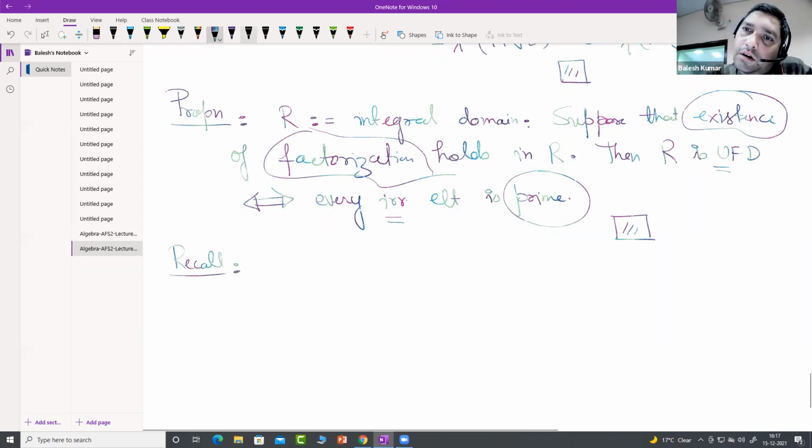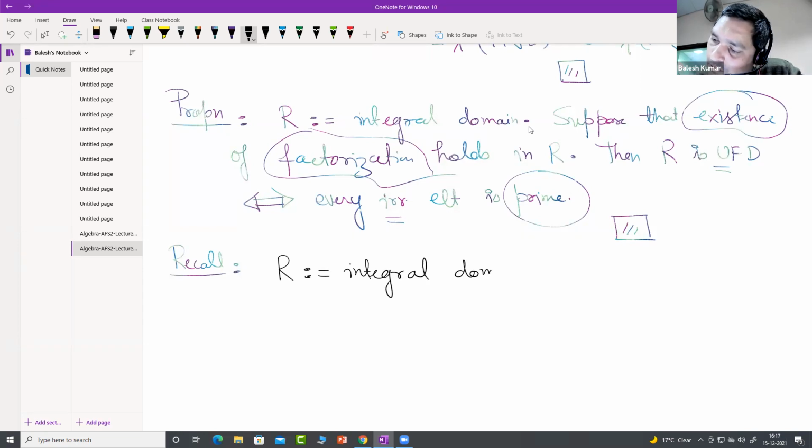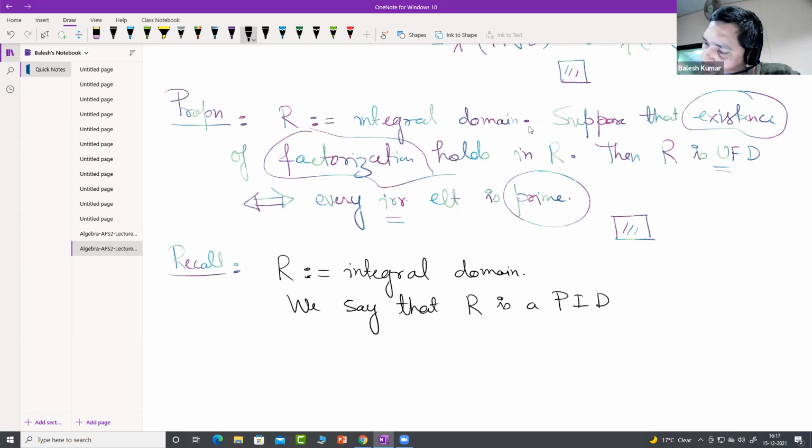So let me just recall that here R is an integral domain, and we say that this integral domain R is a PID if every ideal in R is a principal ideal.